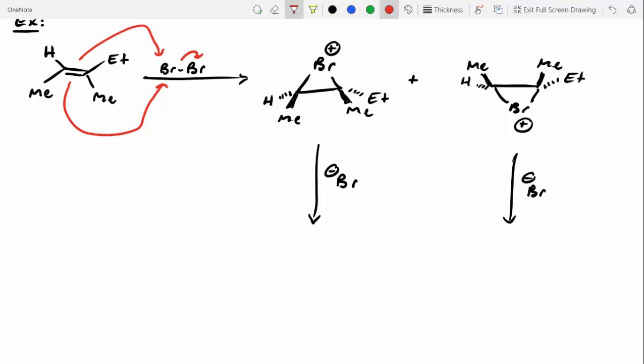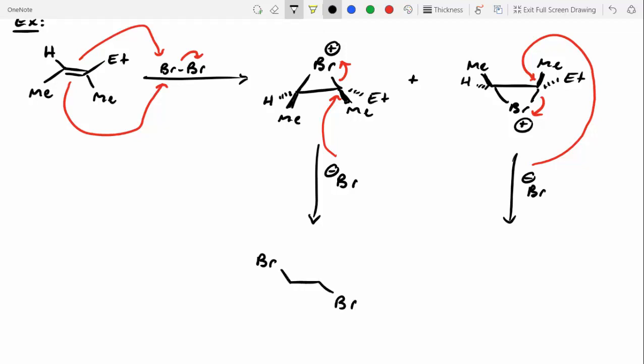So in this case, the bromide can add into one of these carbons, slingshot it open, or in this case, it could attack this carbon and slingshot it open. So let's look at both potential products. We've got anti-addition of bromines. We've got our methyl group still in that same position, this hydrogen going back, this methyl group coming back, and this ethyl group here.